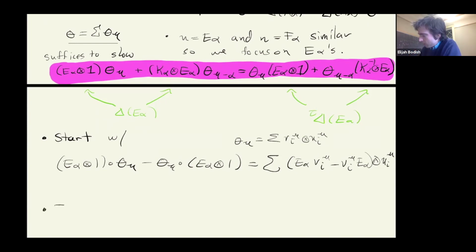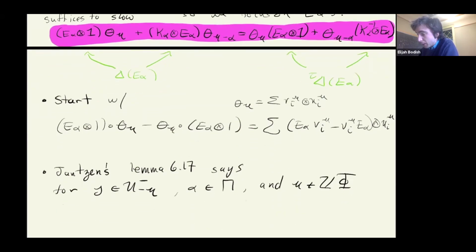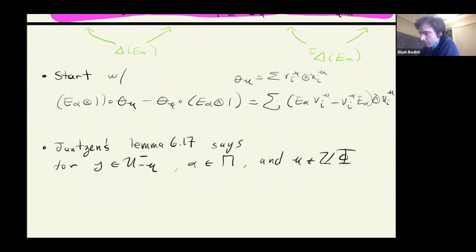And so we use the following. Lemma 6.17 tells us that for an element y in U minus mu, minus alpha a simple root and mu in Z phi, so exactly the situation that we're in, where y we should think of as being the VI mu, we have E alpha y minus y E alpha, which basically caters to exactly dealing with this term here, is equal to something called C alpha, which I'll have to explain, times K alpha times R alpha of y, which I'll have to remind us about, minus R alpha prime of y, which we have to be reminded of, times K alpha inverse.